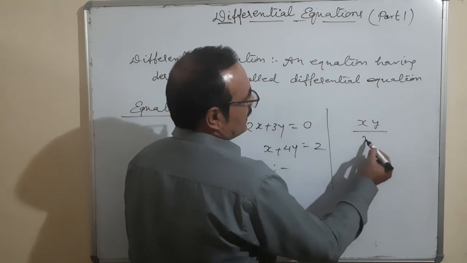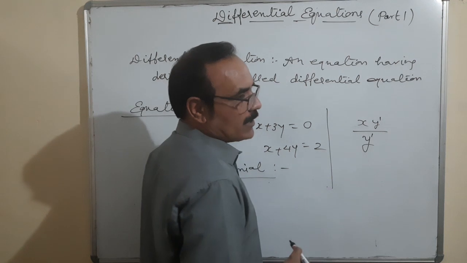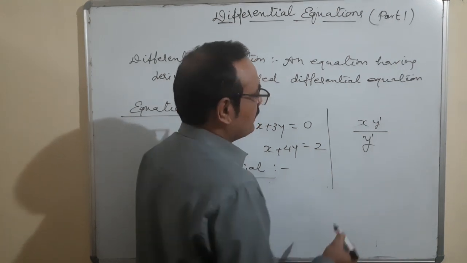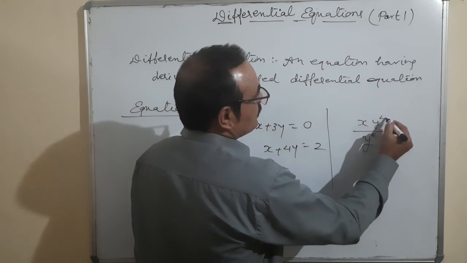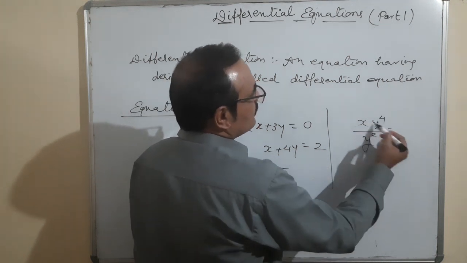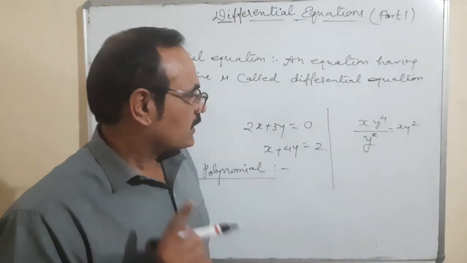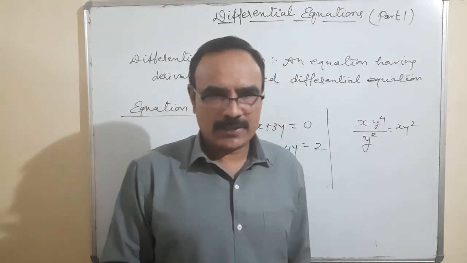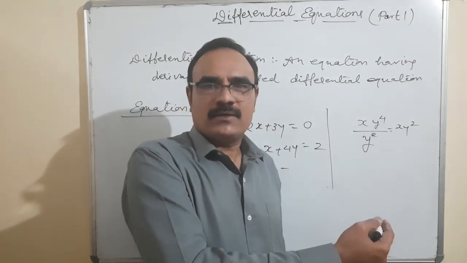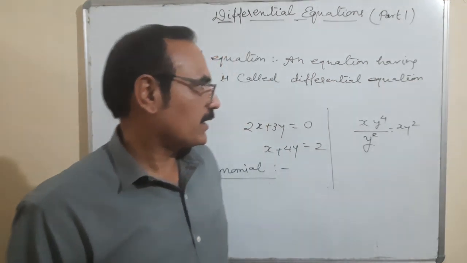When you divide by y, then y to the power 1 divided by y to the power 1 gives y to the power 0, so the variable is eliminated. Y square is not possible here. But if there is x y to the power 4 divided by y square, we can simply write x y square. The condition is that the power on the variable should be a non-negative integer in the polynomial. And when we equate the polynomial to 0 on the right hand side, it becomes an equation.